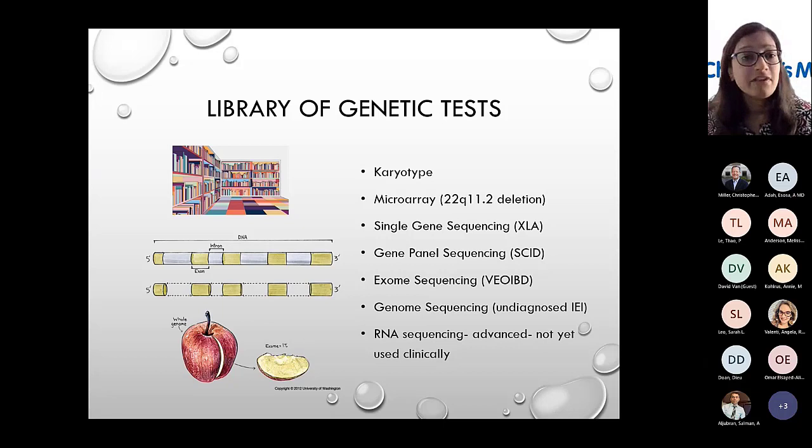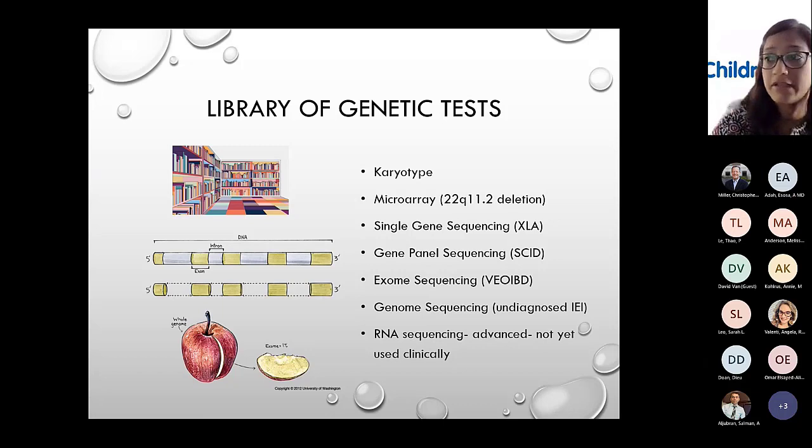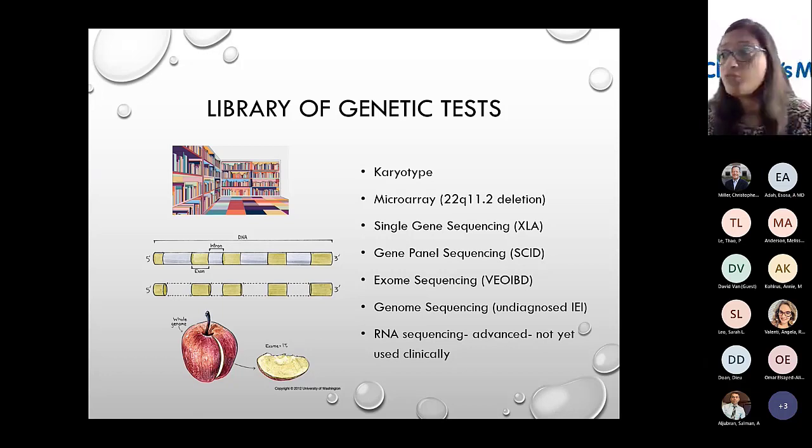And then if you have an undiagnosed inborn error of immunity, you didn't find an answer through all these tests, and you still have very high suspicion of having an IEI, think of genome sequencing. There is RNA sequencing available. However, it's all research-based. I believe at least most centers are not using RNA sequencing yet for clinical use.